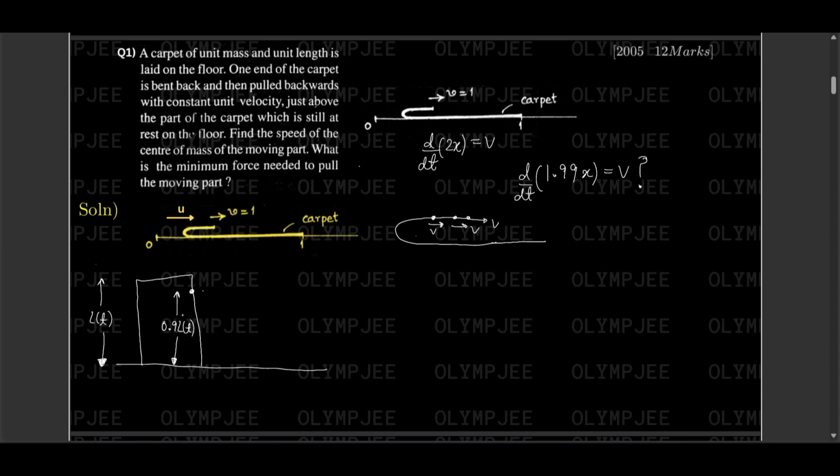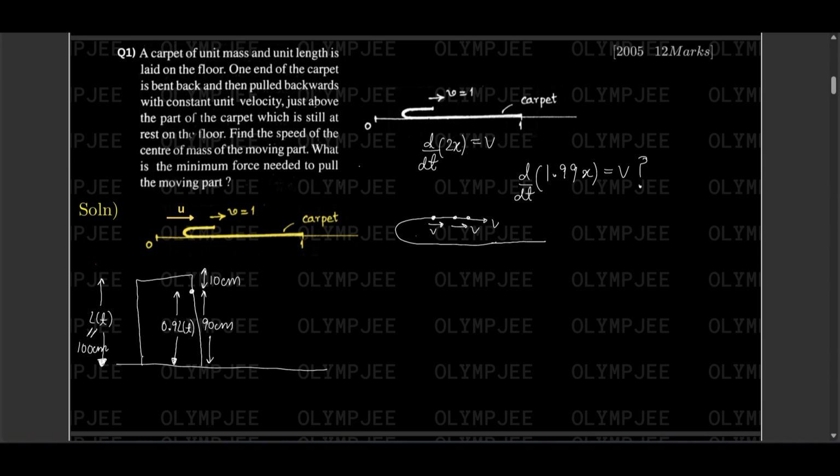If at some time the length is 100 centimeter, then this 0.9 times L(t) would be at 90 centimeter, and from the top this would be at 10 centimeter.